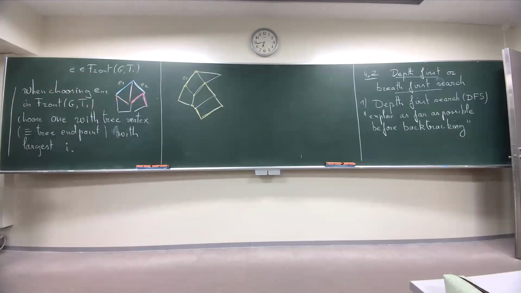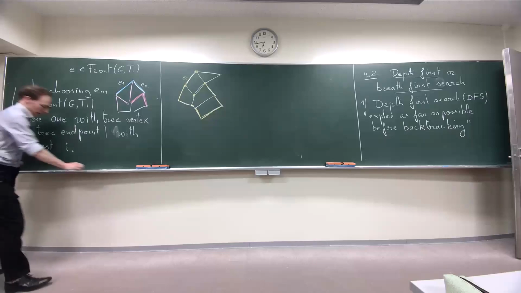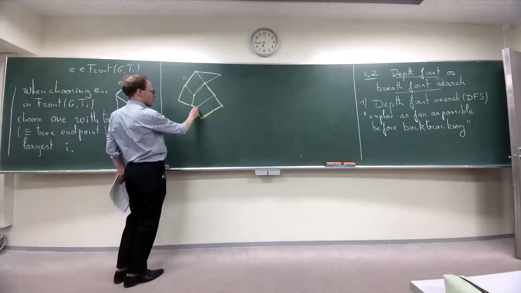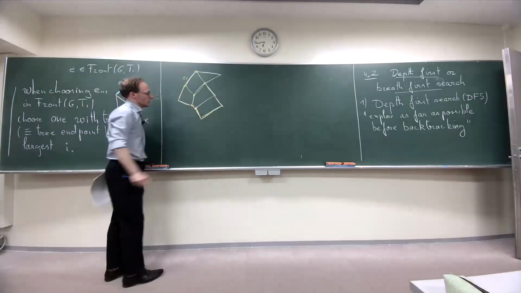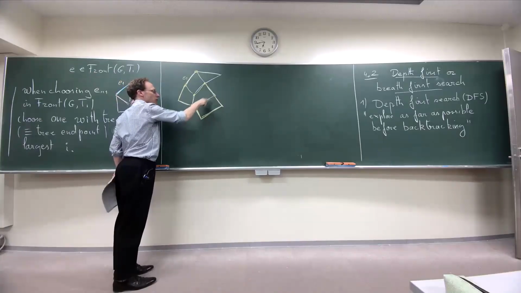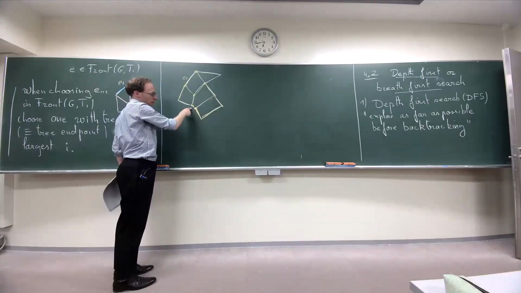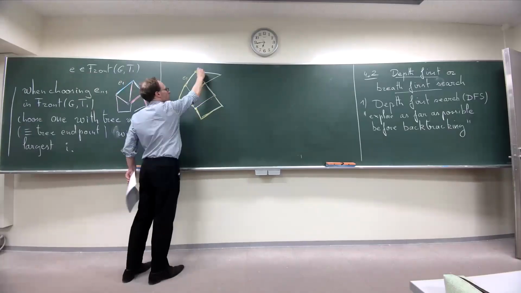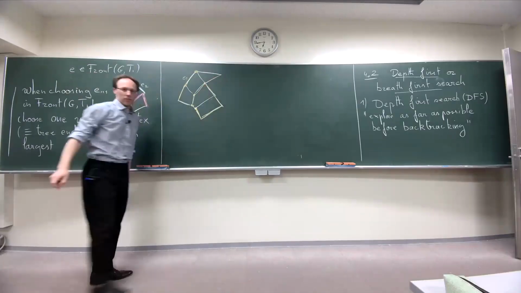It's not a spanning tree. The yellow one is not a spanning tree. So now I'm here. The last one was here. I cannot continue because this is not in the front of G, T_N. I don't know, this one is not. Still, I have two here.